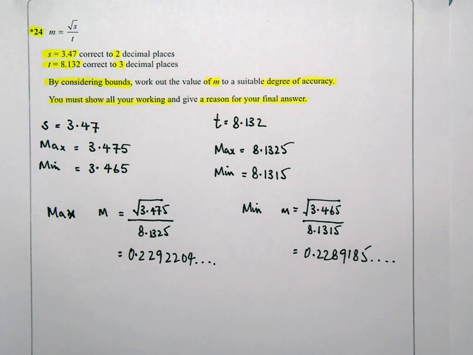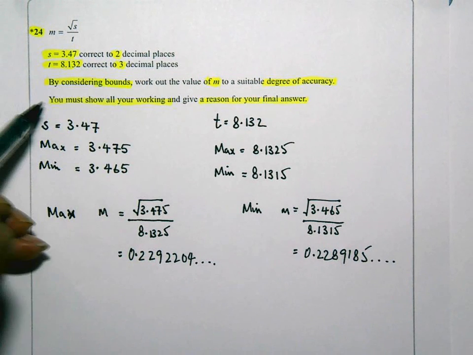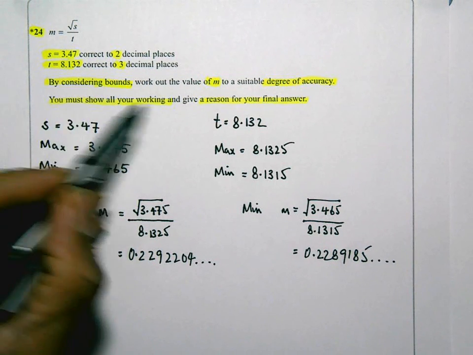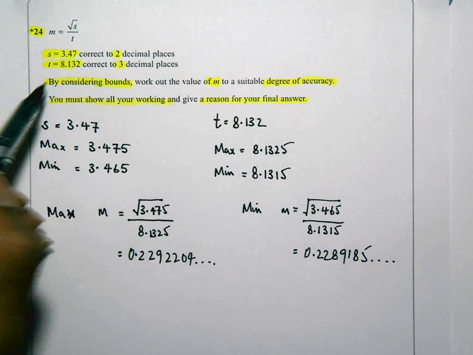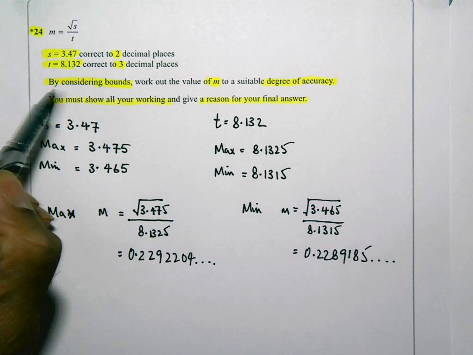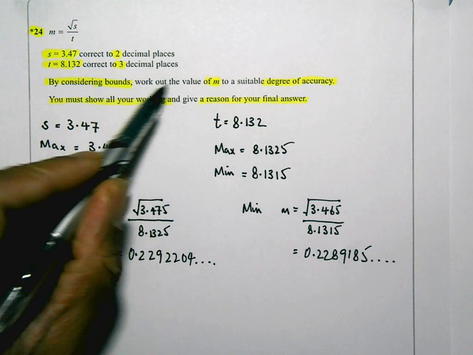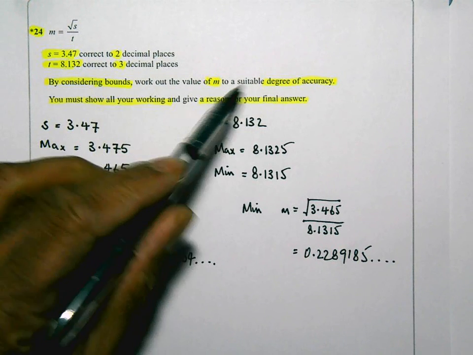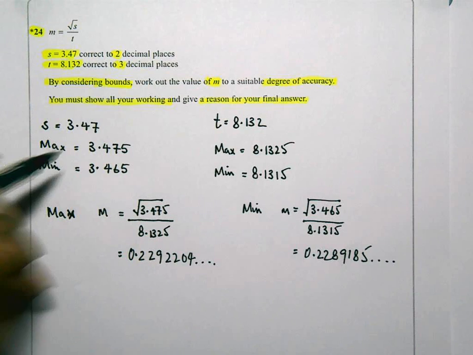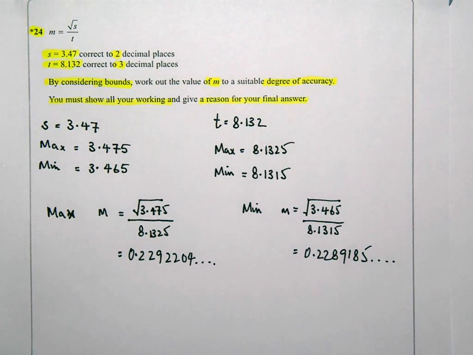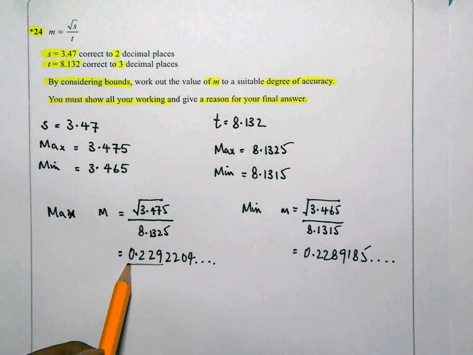What I do need to do now is this last bit, right? You must show all your working and give reasons for your answer. And the question itself said, by considering bounds, work out the value of M to a suitable degree of accuracy. So I'm just looking at this, and one of the things I've recognized is if I put that to 3 decimal places, it would be 0.229.